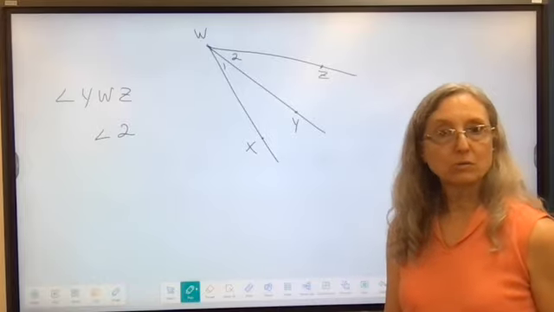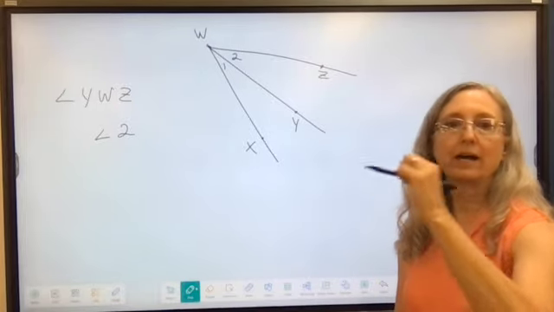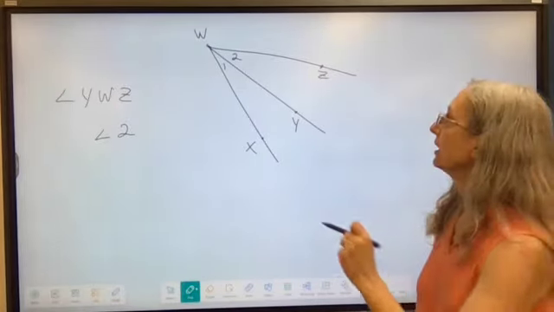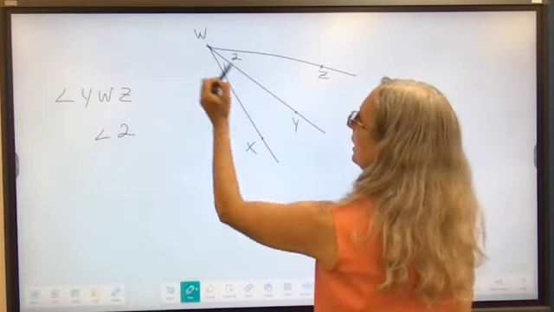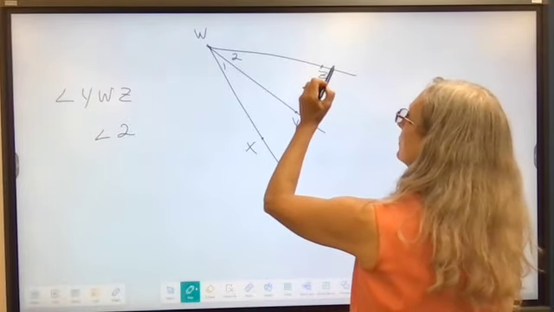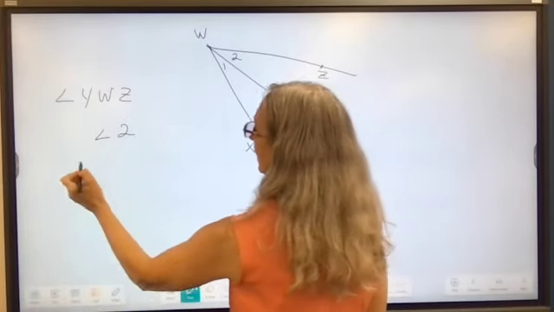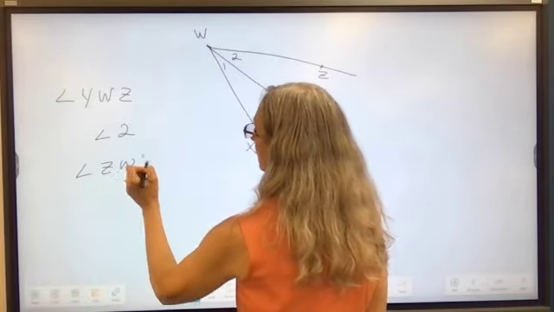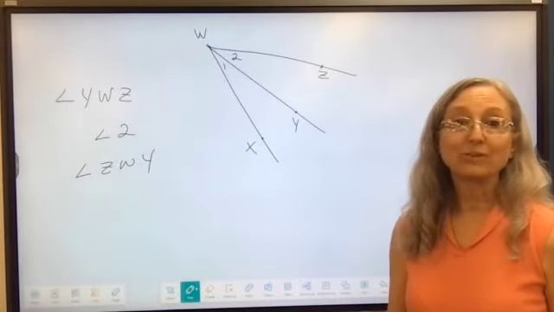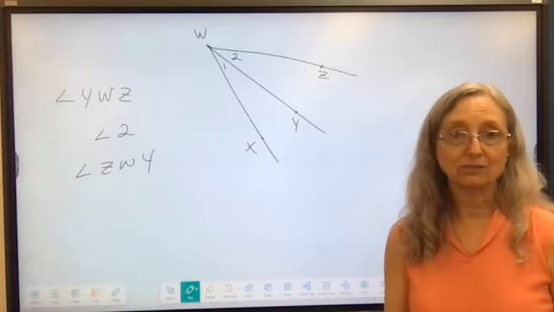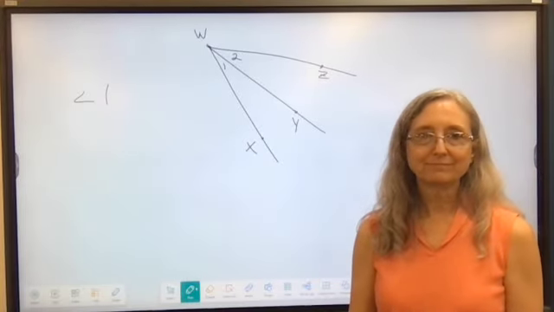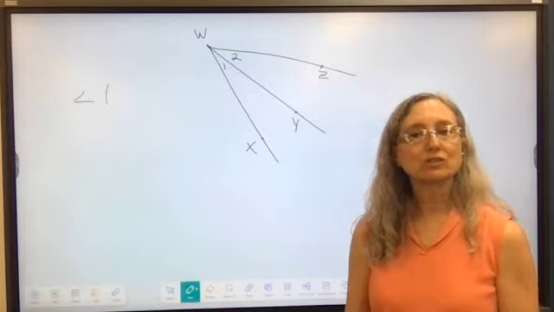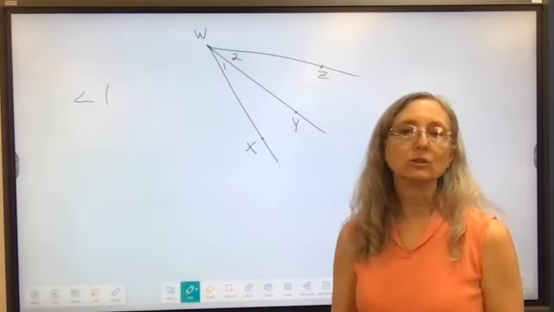We can also name it starting on the opposite side vertex to the other side. So instead of going YWZ, I could go ZWY. Angle ZWY is also the exact same angle. Take the time to write 2 other ways to name angle 1.